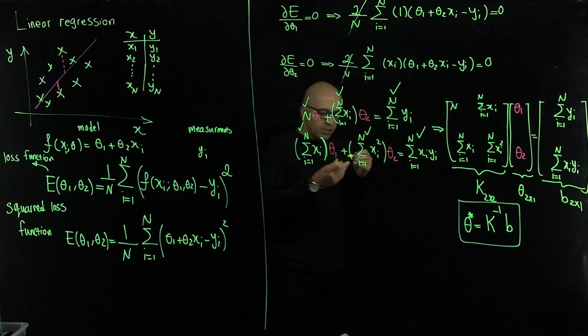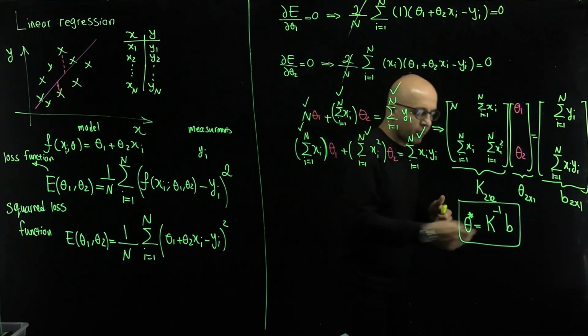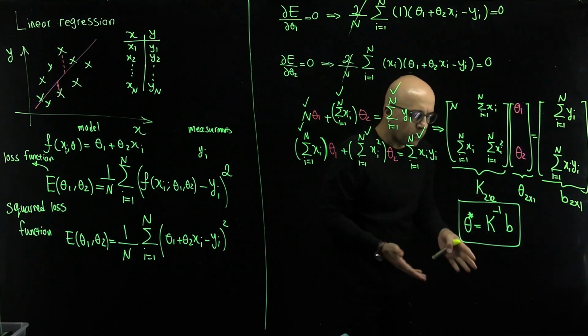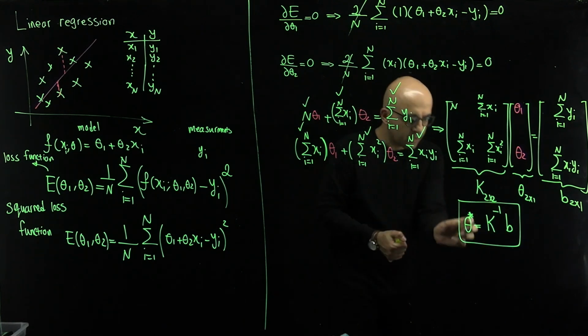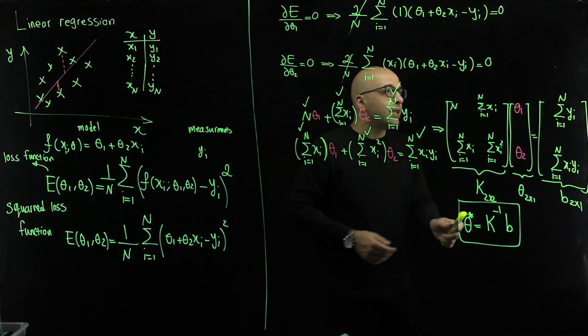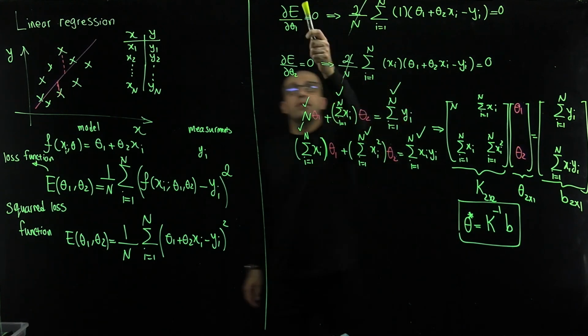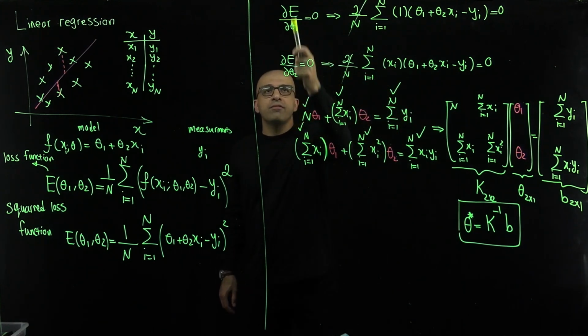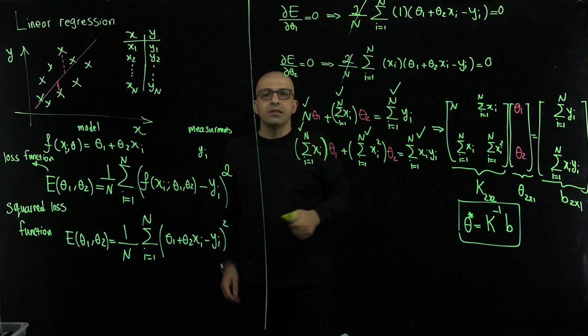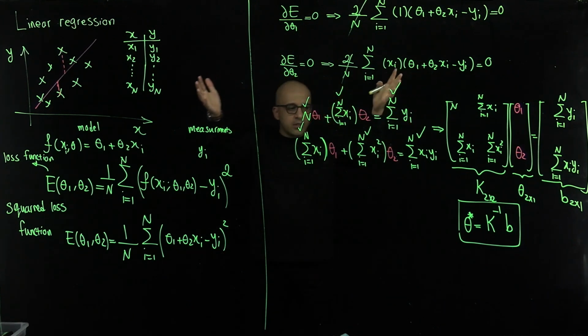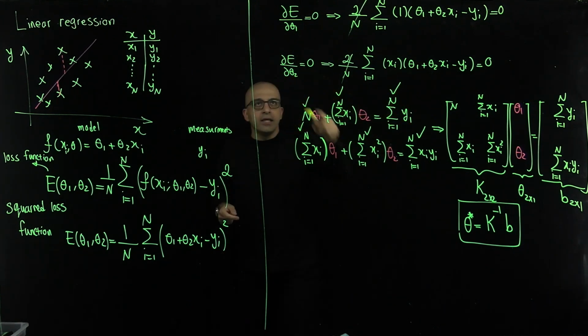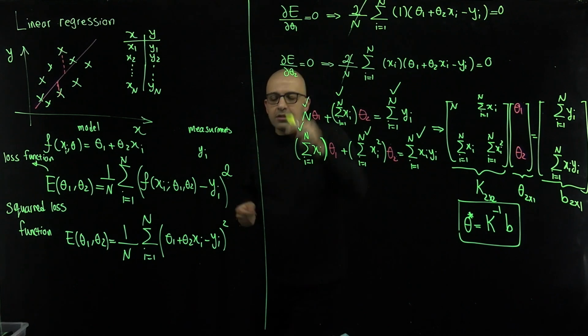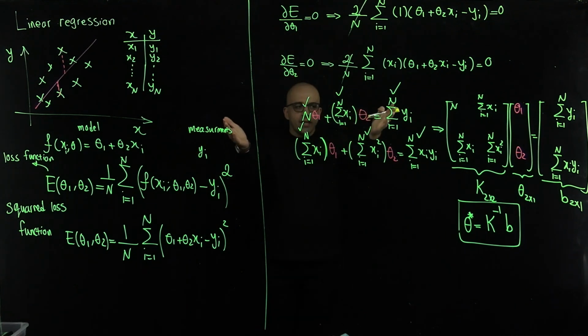So what does that mean? Like I said, we know K and we know V, so these are easily computable quantities. You get this theta star, and this theta star is the one that minimizes E, where the derivative of E with respect to theta 1 and theta 2 vanishes. So this theta star has theta 1 and theta 2 in it, and these are the points at which the slope of E will become 0.